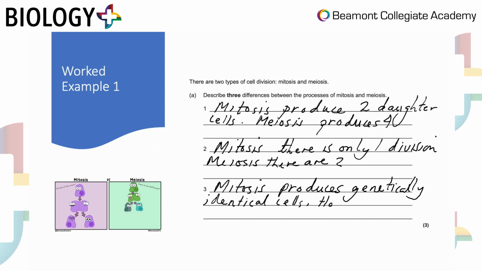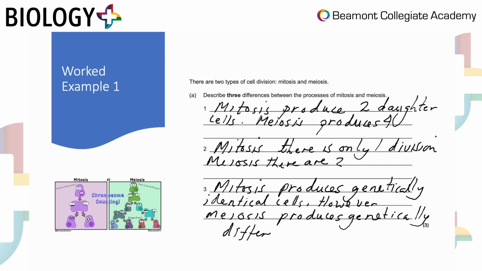However, meiosis produces genetically different cells. So there's 3 marks on offer. Take a look at the GCSE mark scheme to see how I've done.